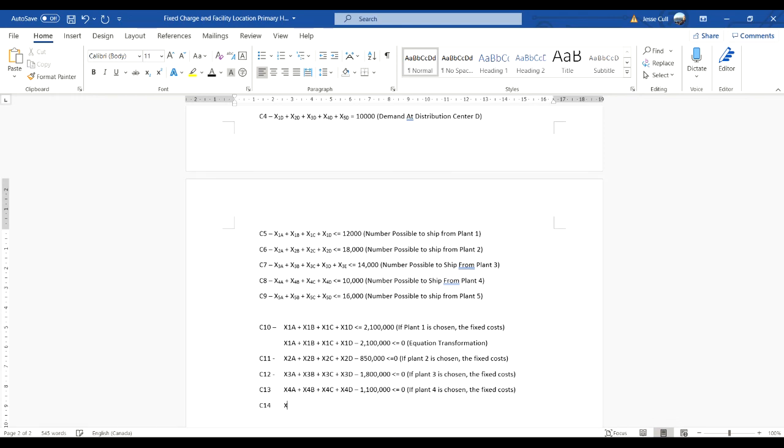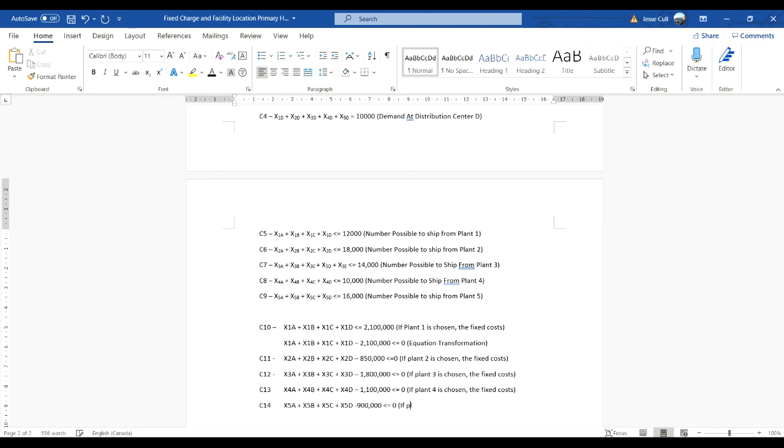Last one, x5a plus x5b plus x5c plus x5d minus 900,000 is less than or equal to 0.